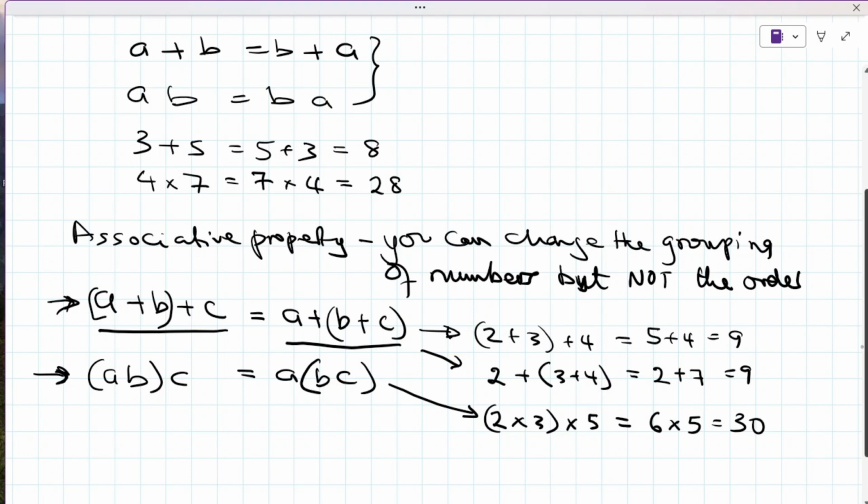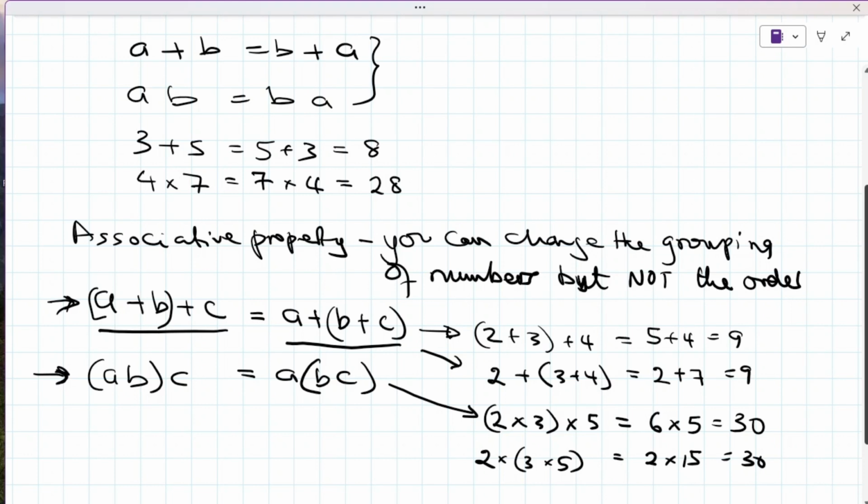And if we decide to change the grouping by getting 2 out, so to say 2 multiplied by 3 multiplied by 5, this would be 2 multiplied by 15. And this one would give us 30.